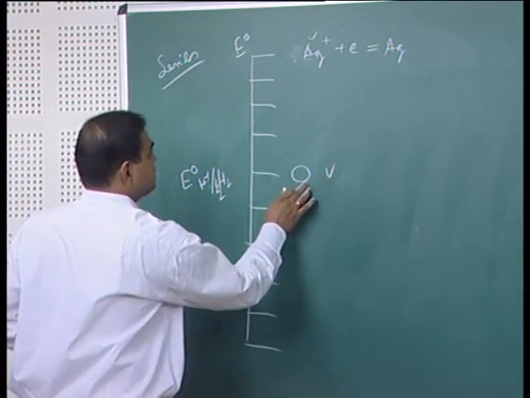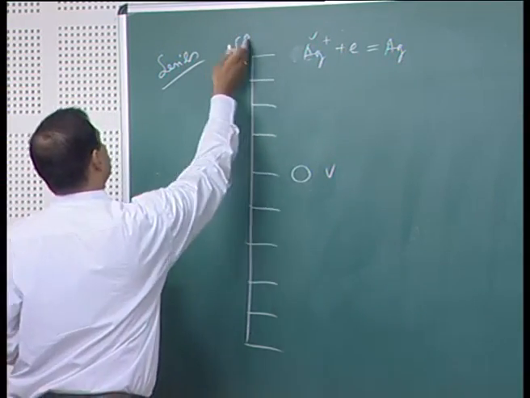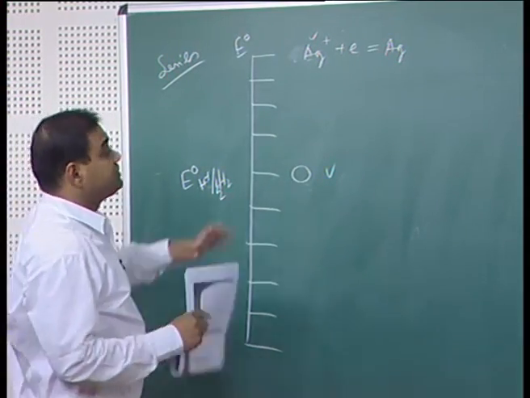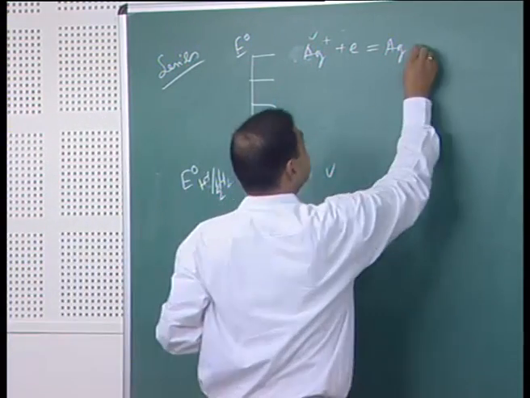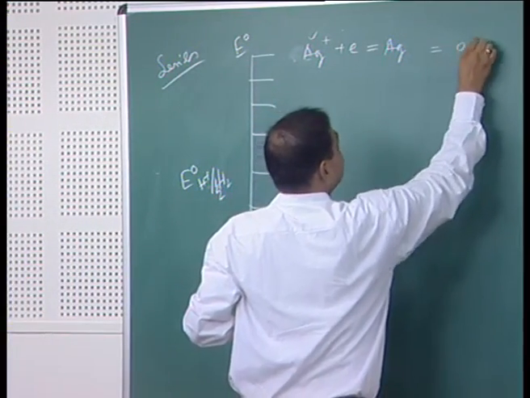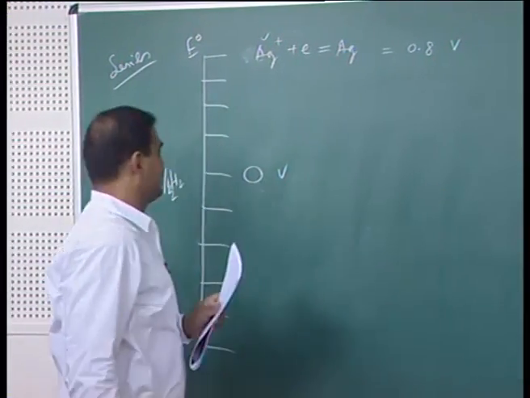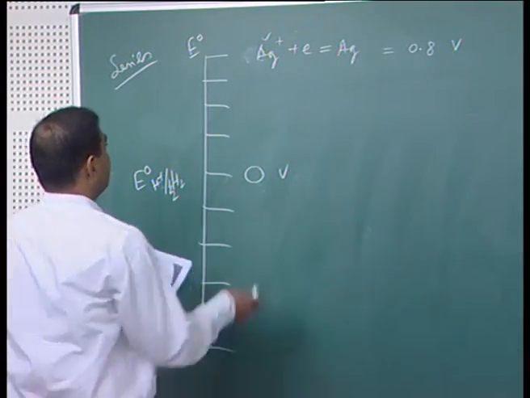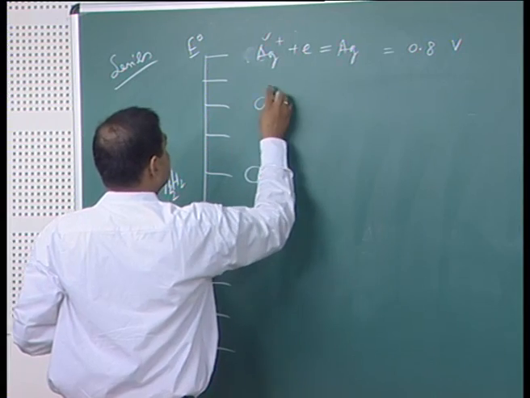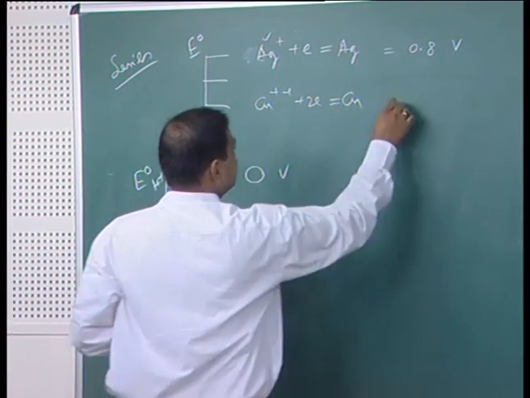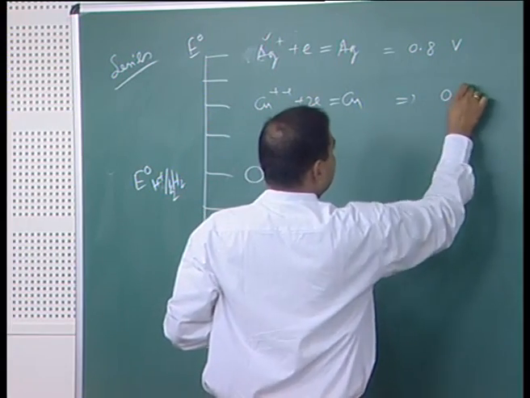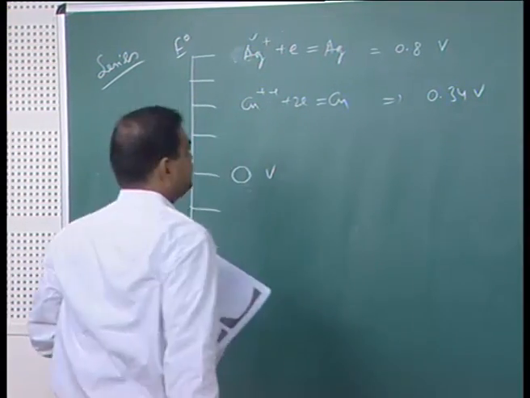So with respect to 0 volt, if you would like to find out the standard reduction potential for this reaction, it should become 0.8 volt. Similarly, you can find out what it would be for copper. In that case it is nothing but 0.34 volt.